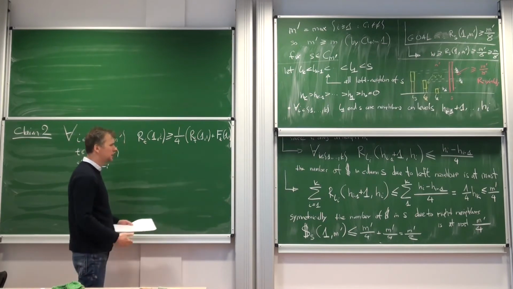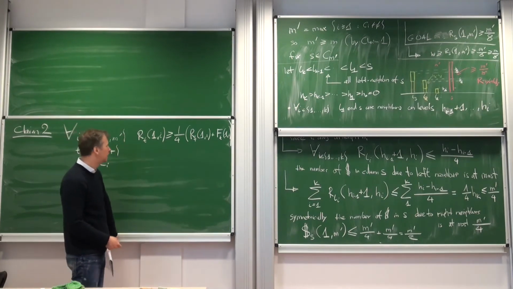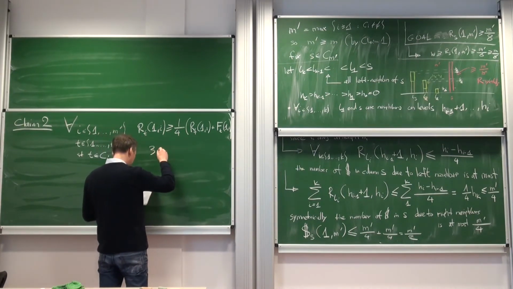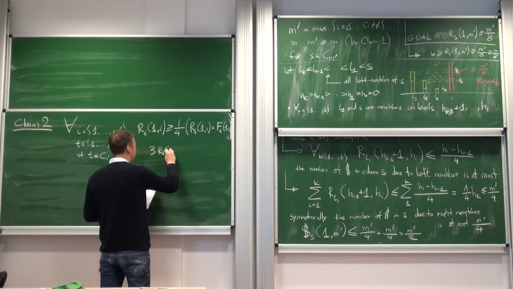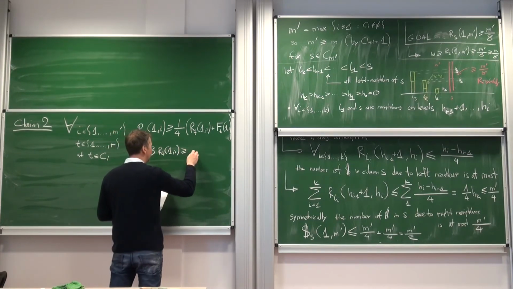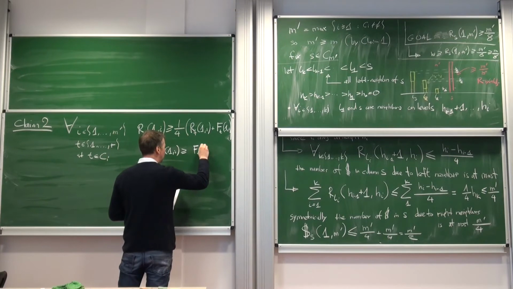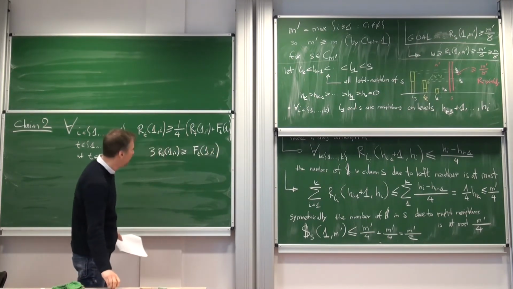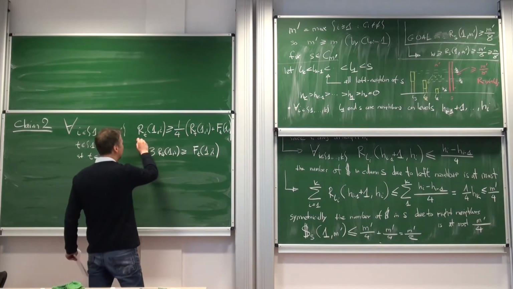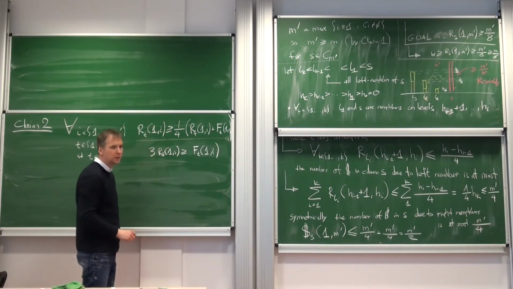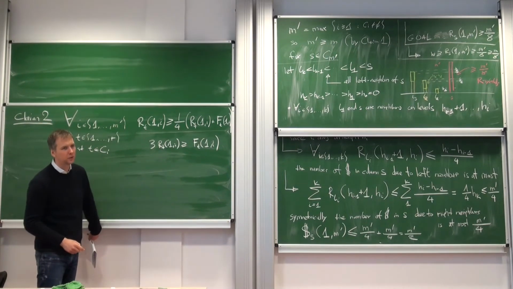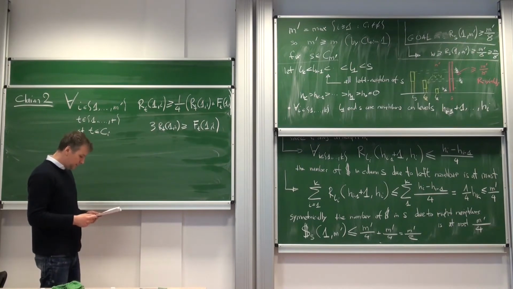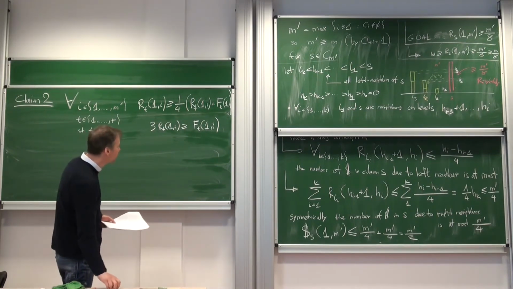So now, this is a rather weird way to state that R(t,1,i) is greater or equal than F(t,1,i), but this will be easier to get by direct induction. So we stick to it for a moment. Maybe I reiterate the statement again.